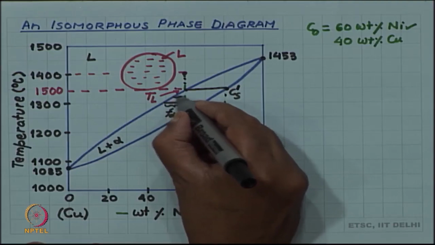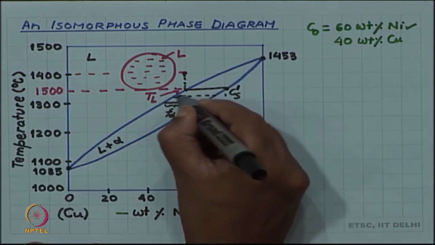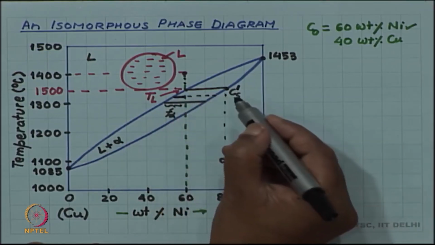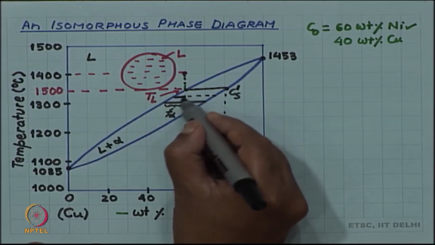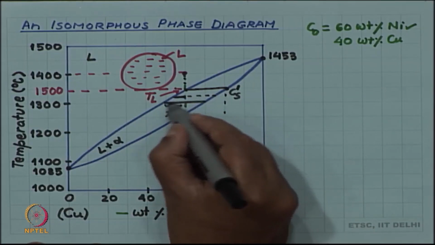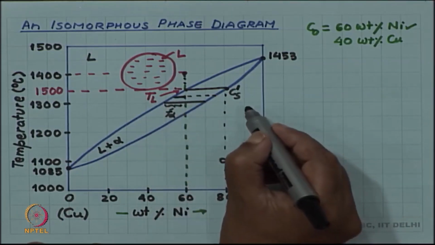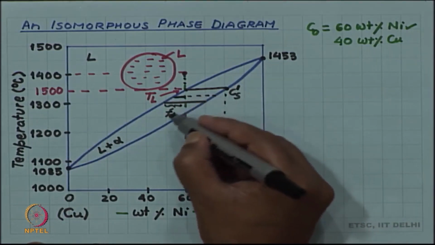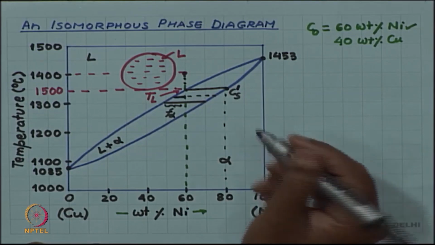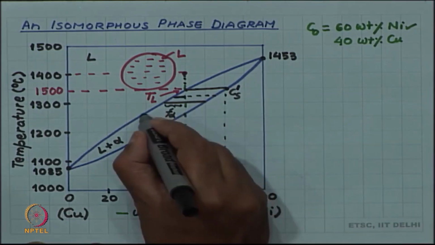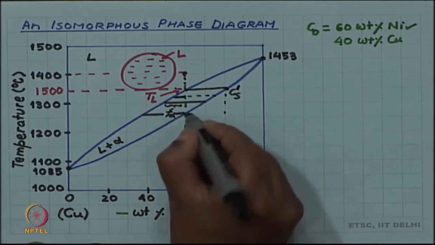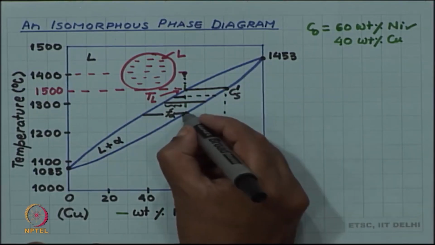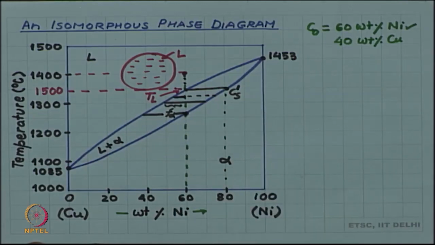If I draw at an intermediate temperature, you can see that the F alpha arm, which in this case is this much divided by the total arm, is a smaller fraction, and as you lower the temperature you get a higher fraction of solid. So, this is how the solidification is progressing: as you lower the temperature you will get more and more solid, and finally when you reach a temperature corresponding to where the composition vertical hits the solidus boundary, at that temperature the solidification will complete.